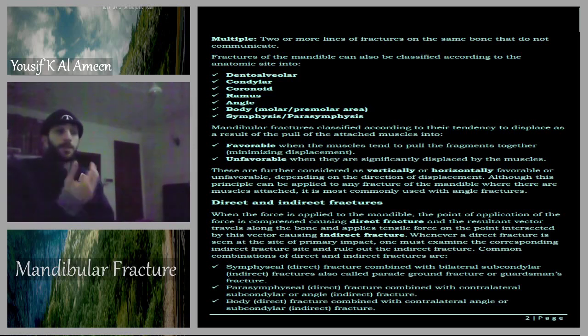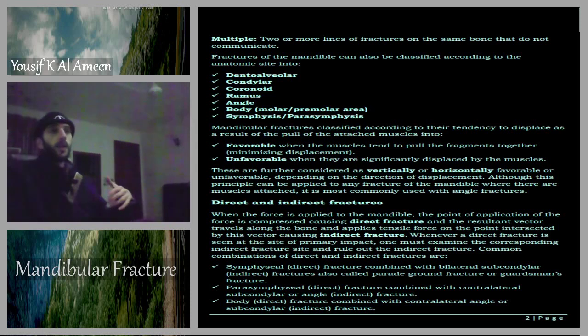Now we will examine multiple fractures, which are two or more lines of fracture on the same bone that do not communicate.